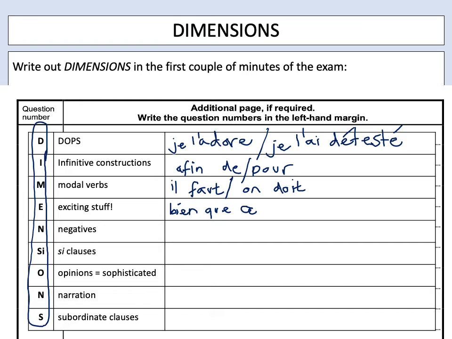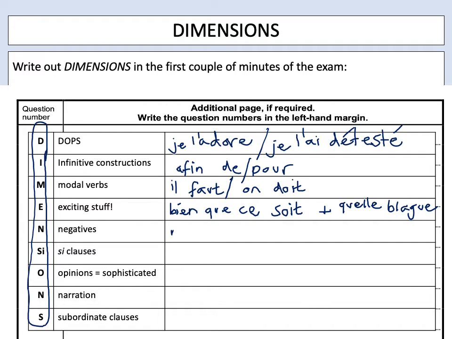Not that interesting in English, but in French, it's really complicated. So bien que ce soit just means although it is. And it's got subjunctive in there. It's really hard. So that's going to be my exciting thing. Plus, I'm going to take one of my favourite little explanations, quelle blague, what a joke, and see if we can stick that in somewhere too.